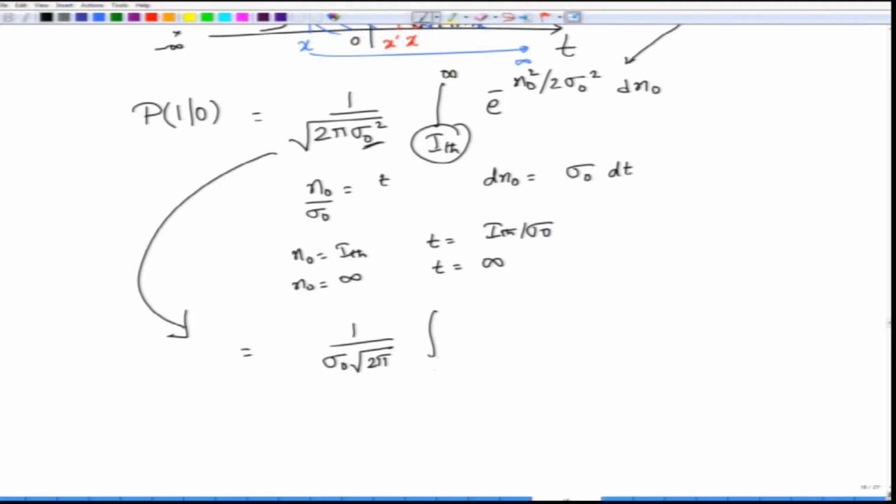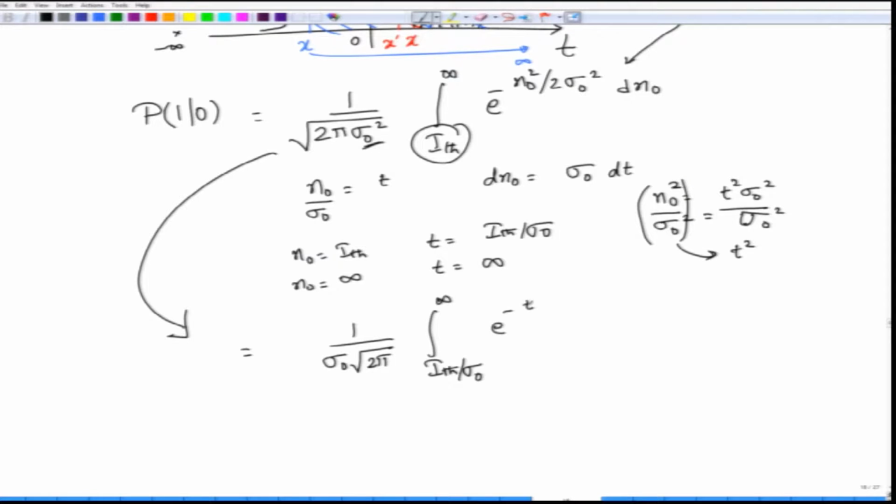I th will now become I th divided by sigma 0, infinity remains the same, you scale up infinity by a factor of sigma 0, nothing really happens, and in place of n0 I have to write n0 square is t square sigma 0 square, and n0 square by sigma 0 square is given by this fellow. So divide both sides by sigma 0, so this n0 square by sigma 0 square is nothing but t square.